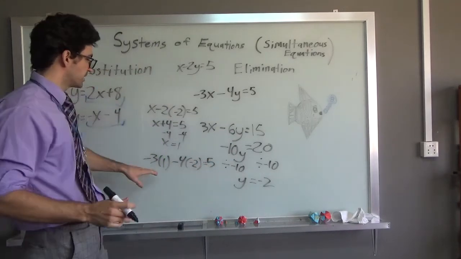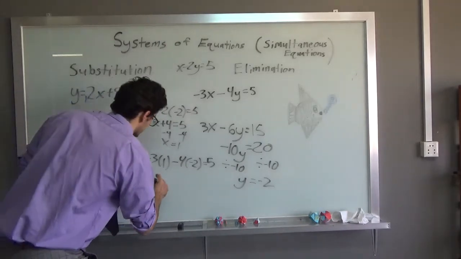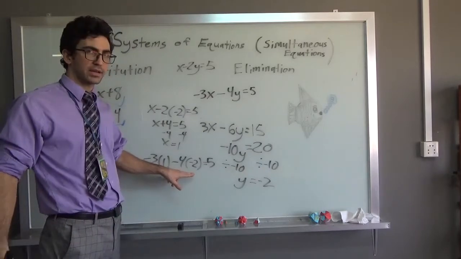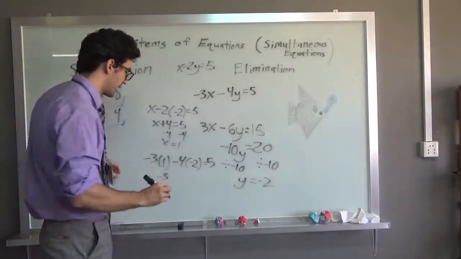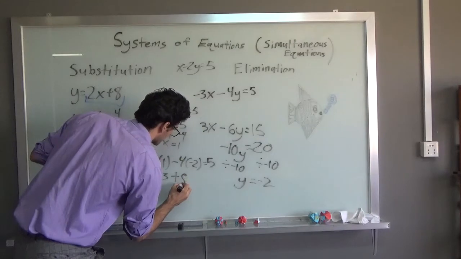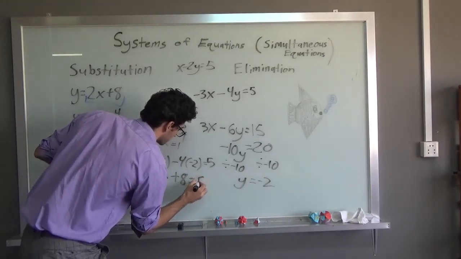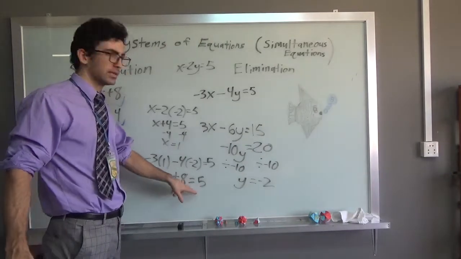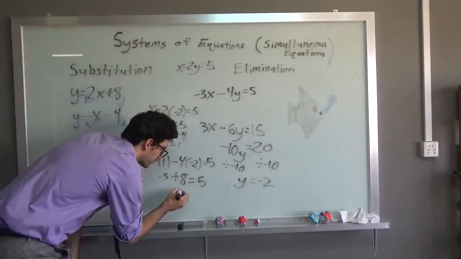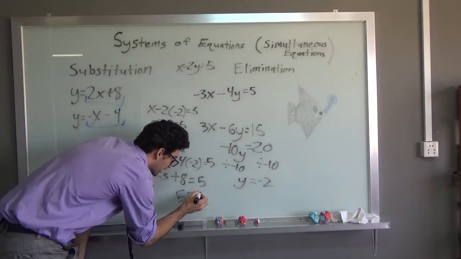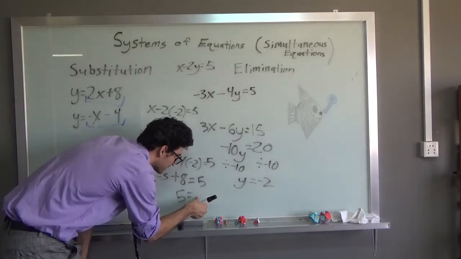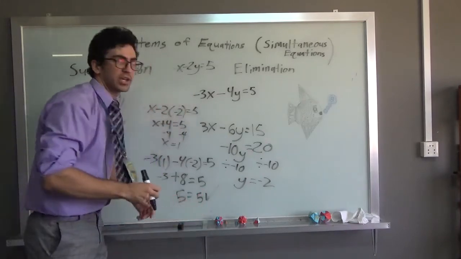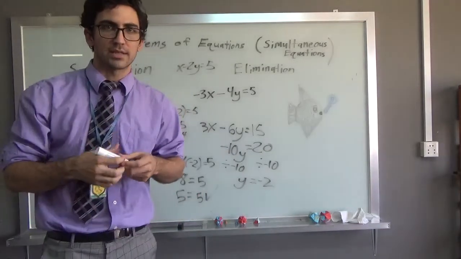Okay. So -3 times 1 is just still -3. -4 times -2 is +8. So -3 plus 8 equals 5. And 5 equals 5. Big check, we have the correct answer.